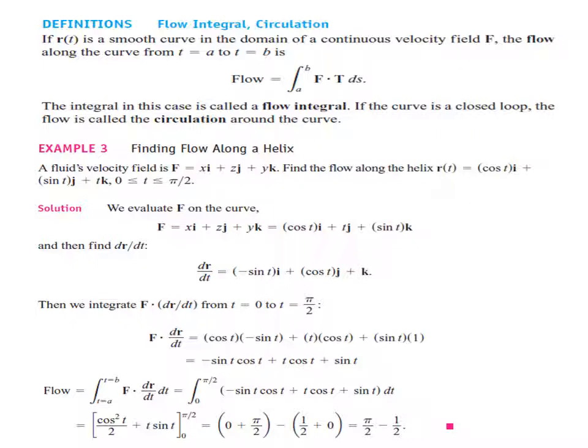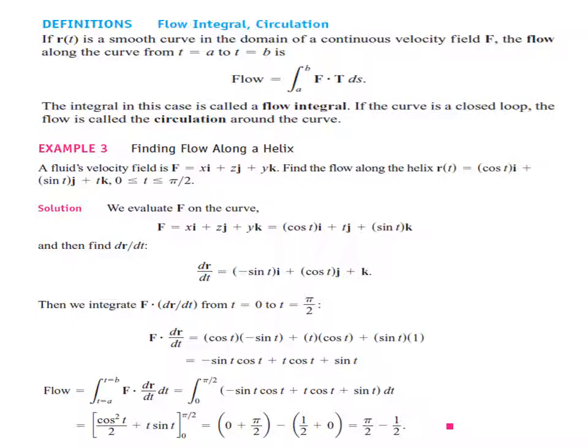Given F = x i + z j + y k cap, where x = cos t, y = sin t and z = t here. So F in terms of t is cos t i cap + t j cap + sin t k cap.